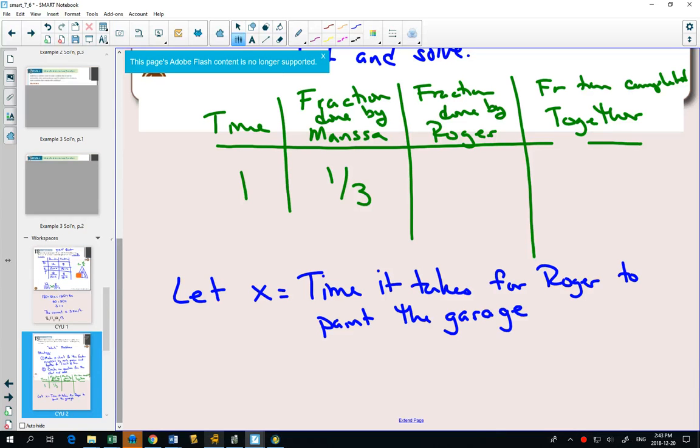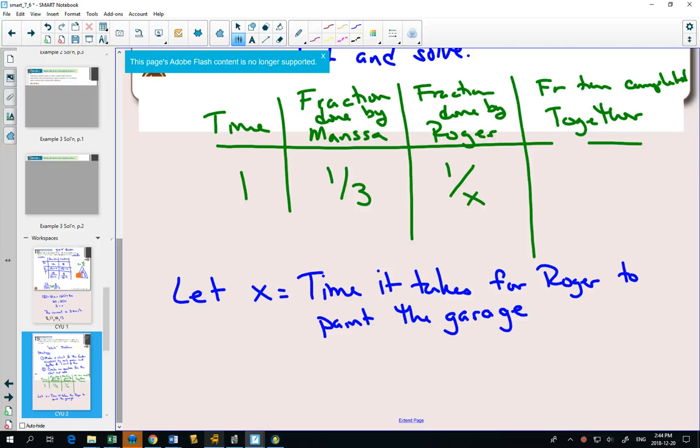Close. If Marissa does it in 3 hours, she gets 1/3 done in 1 hour. It's going to be 1/x for how much Roger gets done. Because if Roger could do it in 2 hours, he would get half done in an hour. If it takes him 5 hours, he would get 1/5 done in an hour.